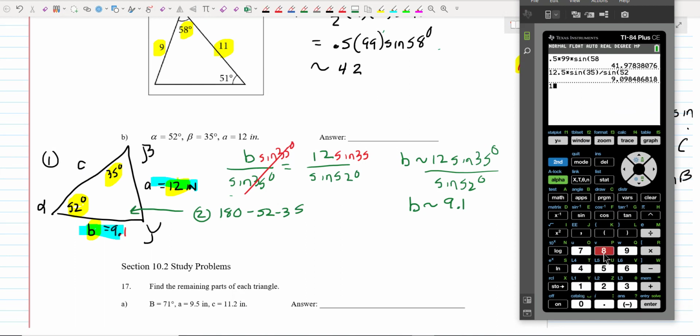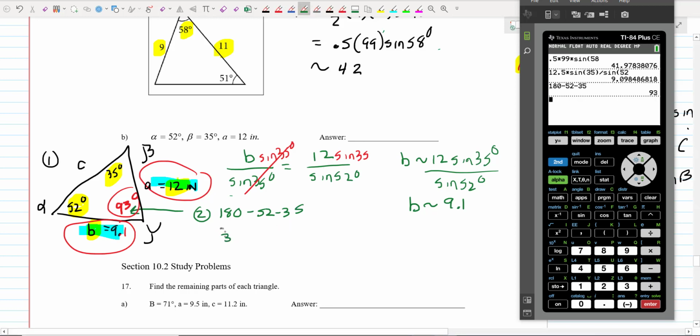So I do 180 minus 52 minus 35, and that gives me a 93 degree angle. So basically I've got everything I need. I've got side, angle, side, so now it's easy to find the area of the triangle.